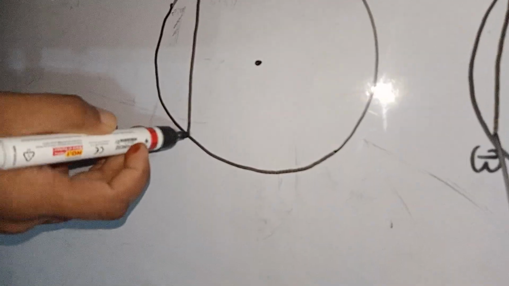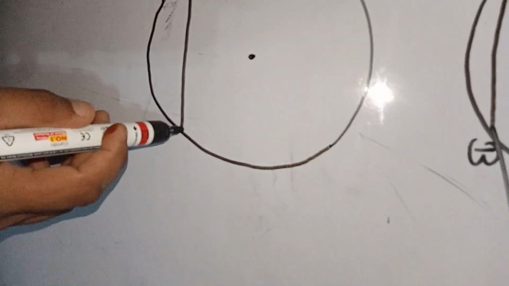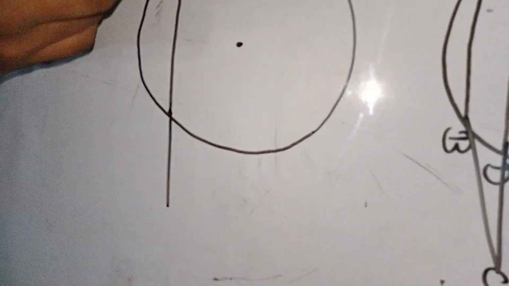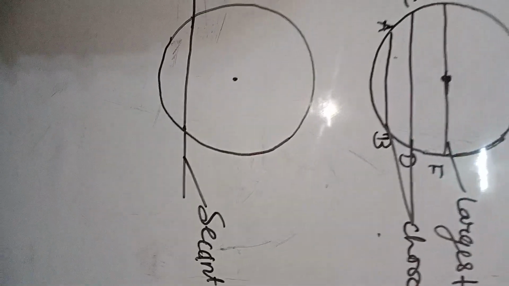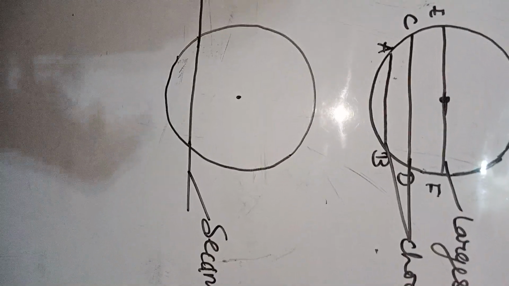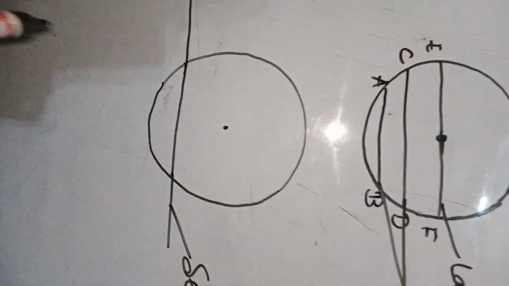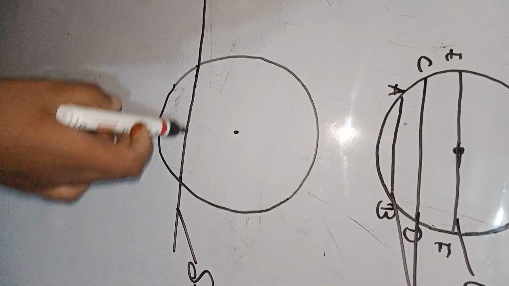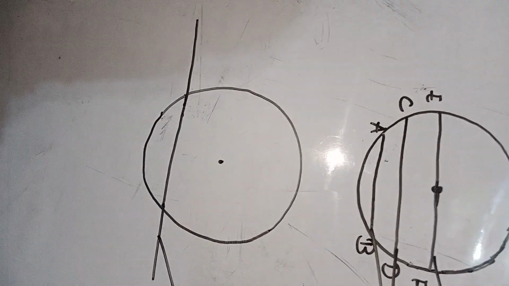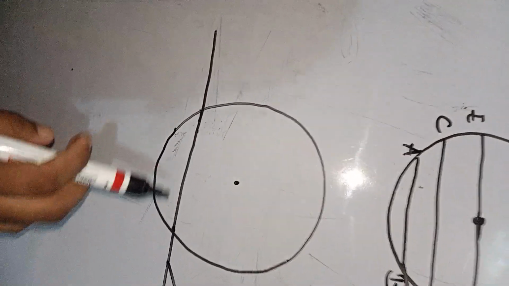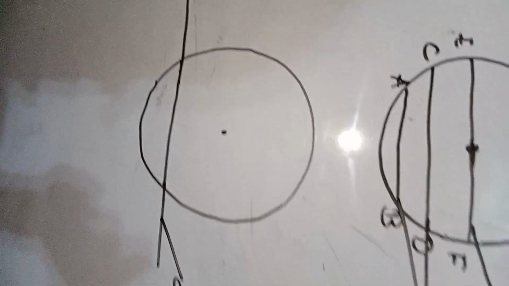But when this chord cuts a circle into two different parts, this is called secant. Okay, now a chord, or we can say secant, is a line segment cutting a circle at two different points on the circumference of the circle.